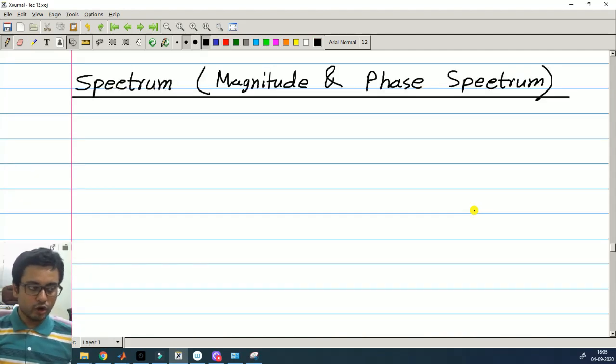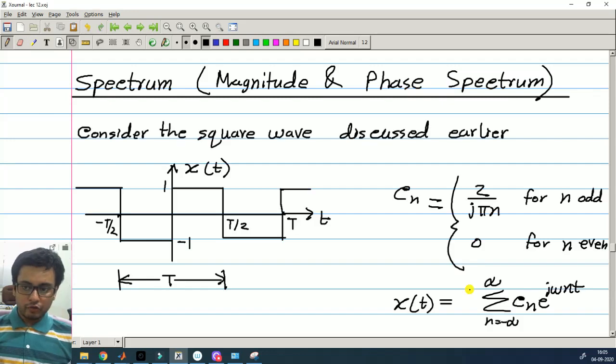Let us now talk about spectrums, magnitude and phase spectrum. For that, consider the square wave we discussed yesterday. This is the square wave for which we calculated the complex Fourier coefficients as equal to 2 over j pi n for n being odd and equal to 0 when n is even.